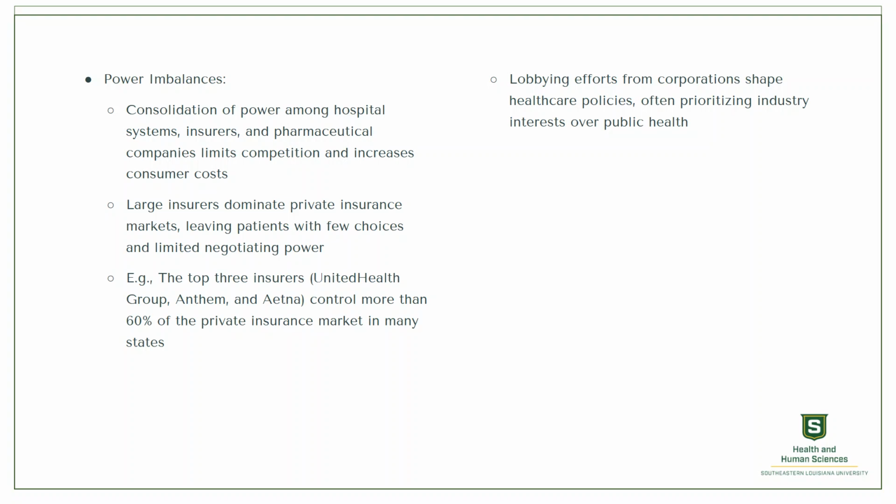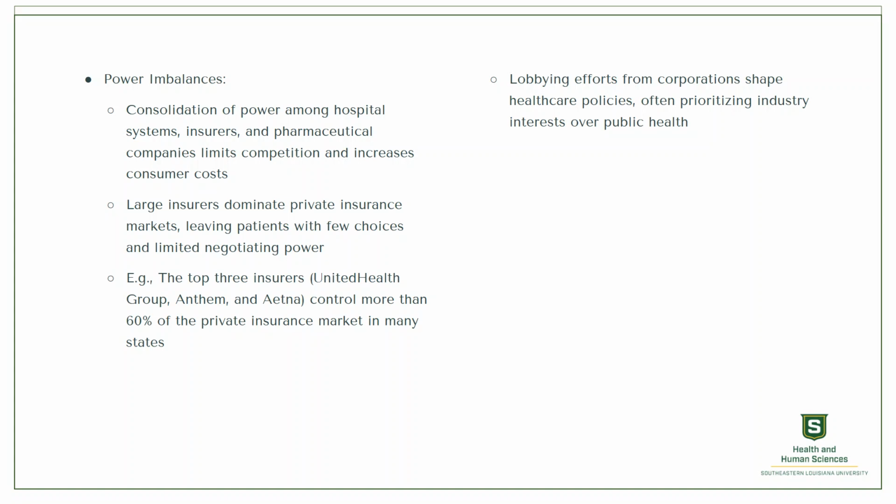And lobbyists have a lot of influence on health policies, and health policies have a lot of influence on health outcomes. So when you have these corporations putting a lot of effort into lobbying to have health policies that benefit them, it does have a problem where you see industries being prioritized over the health of the public.